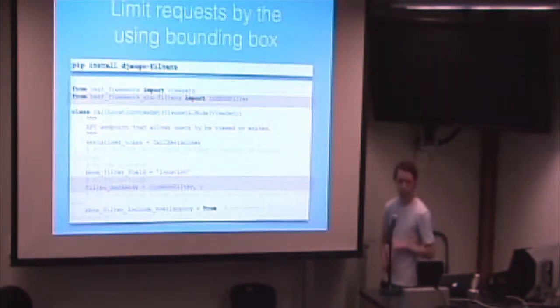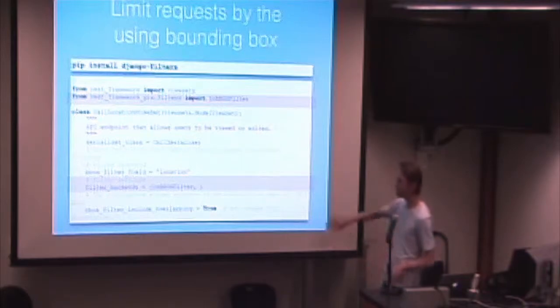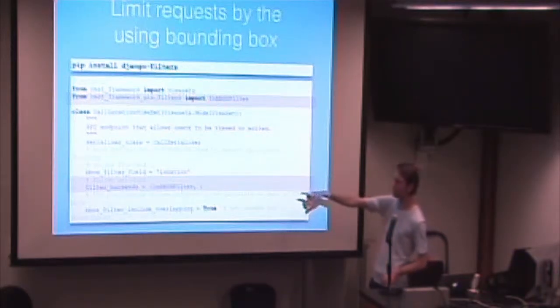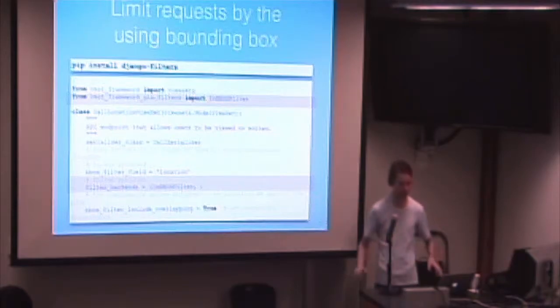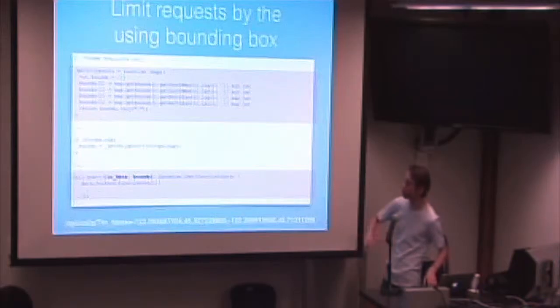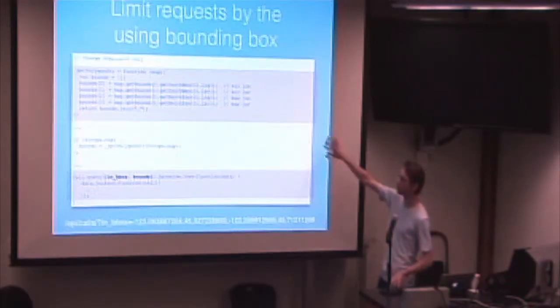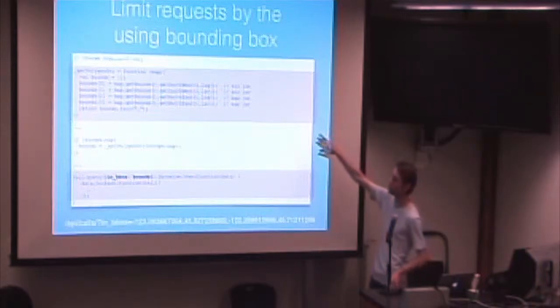You can add Django filters to that, and it works really nicely together with the add-on for the GIS functionality. And what you do is you just basically add the line filter backends. That's all you need to do. Because what you then do is, on your client side, you try to find out what's the map size, and you can read the map.